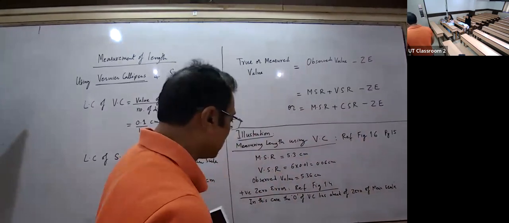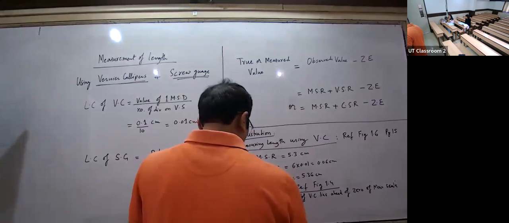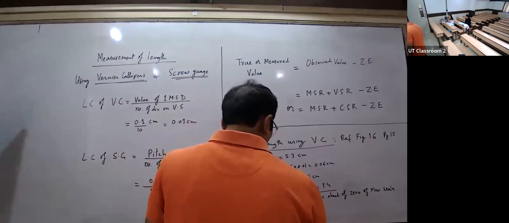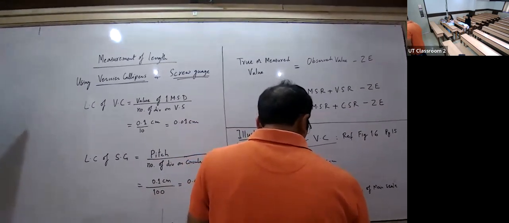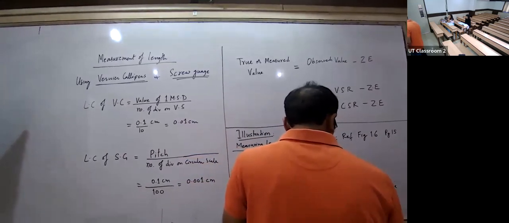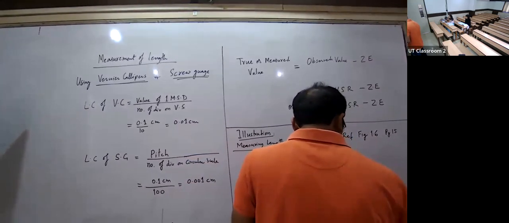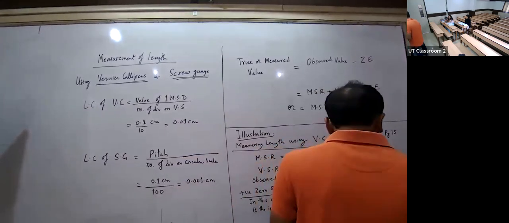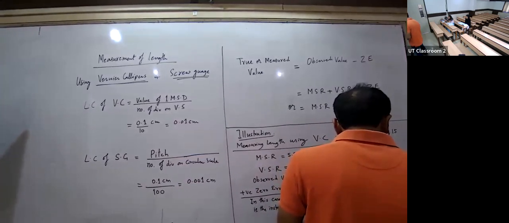Okay, that is, the instrument with positive zero error will always record length greater than actual.